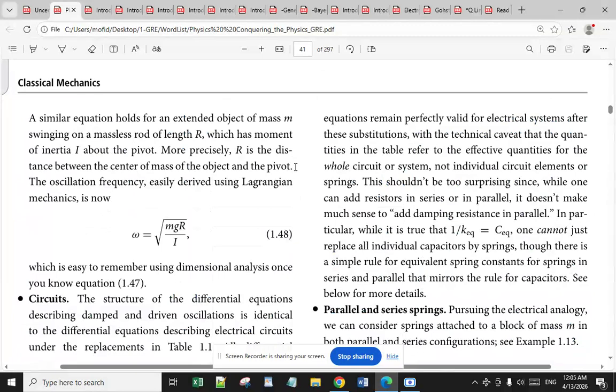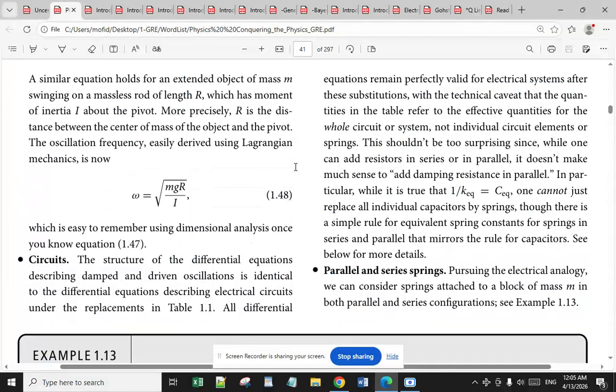The oscillation frequency derived using Lagrangian mechanics is omega equals the square root of mgr divided by I, based on equation 1.48, which is easy to remember using dimensional analysis once you know equation 1.47.